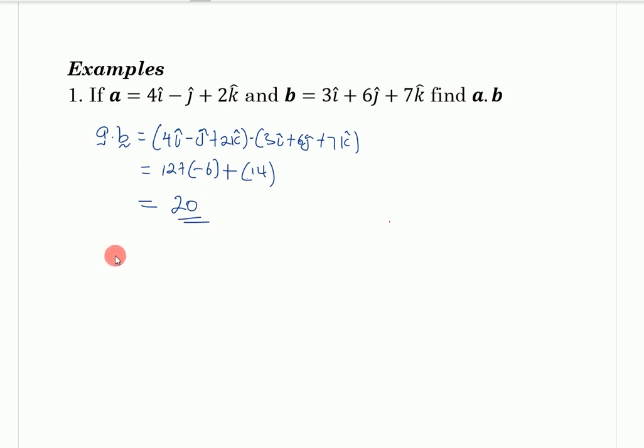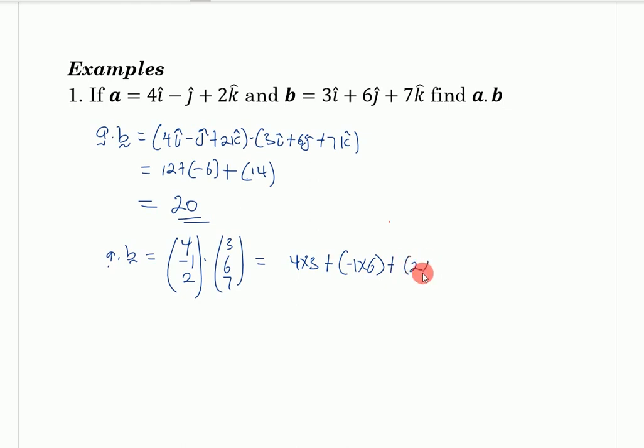Another person can do it like this. You get 4, -1, 2, then dotted with 3, 6, 7, and then you get the final answer as 4 times 3 plus -1 times 6 plus 2 times 7, which is equal to 12 minus 6 plus 14 equal to 20.